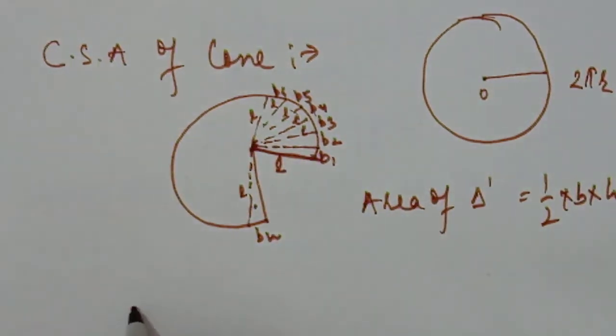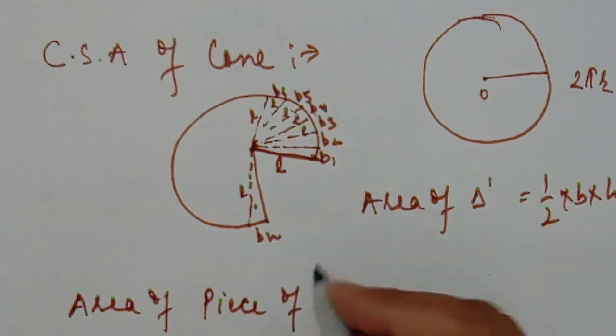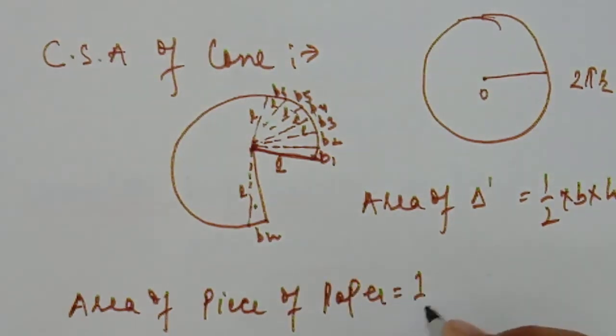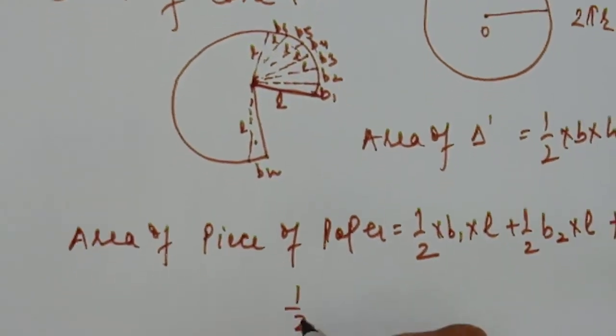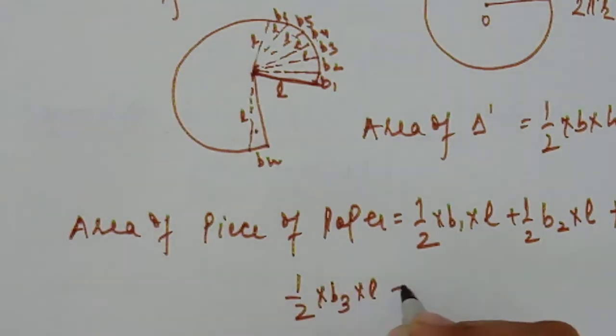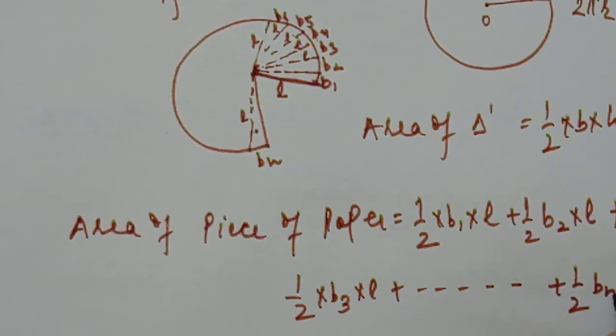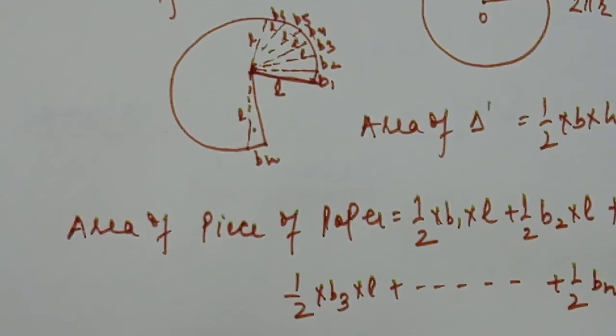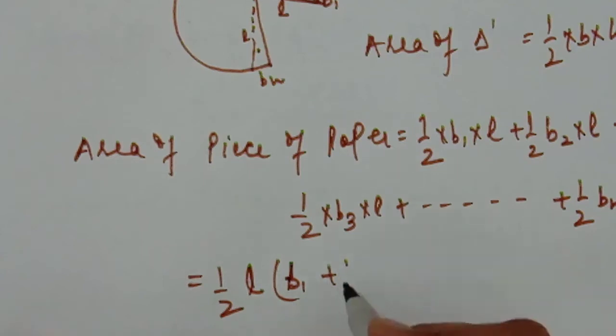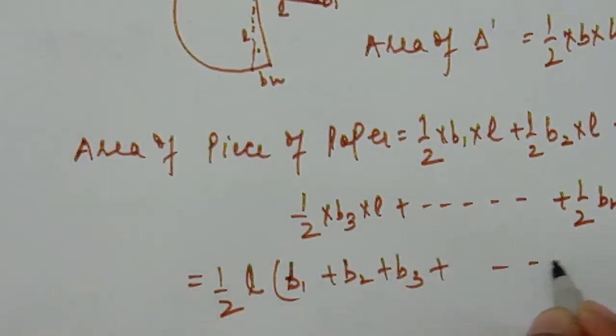So the area of the piece of paper is half into B1 into L for the first triangle, half into B2 into L for the second triangle, half into B3 into L for the third, and so on, and for the last triangle half into Bn into L. When we take half and L, which are the same in all parts, as common, it is half L into B1 plus B2 plus B3 and so on up to Bn.